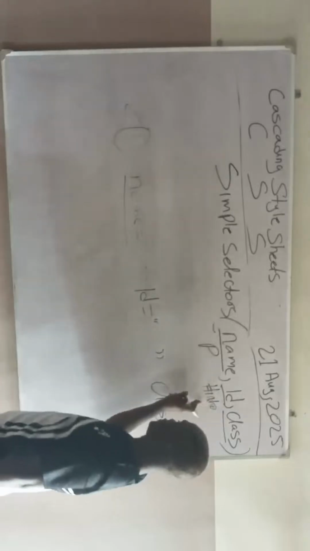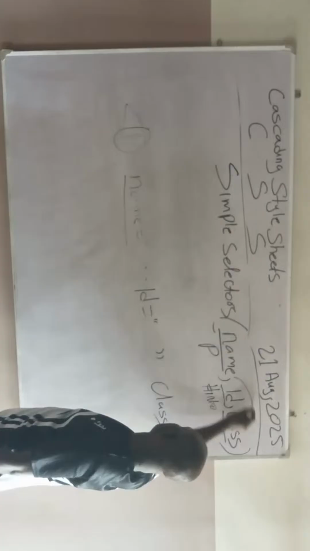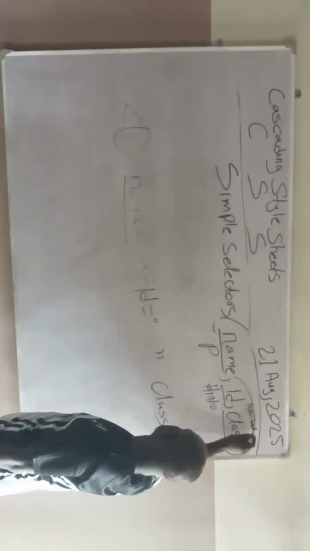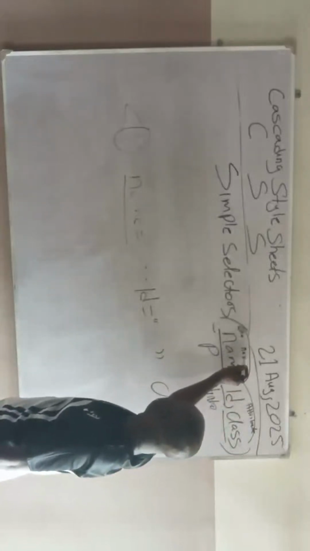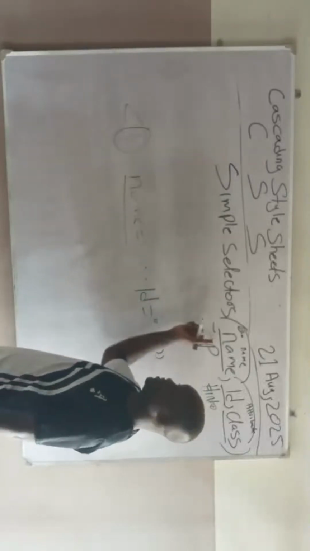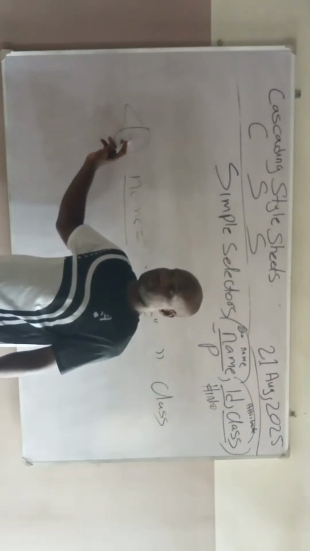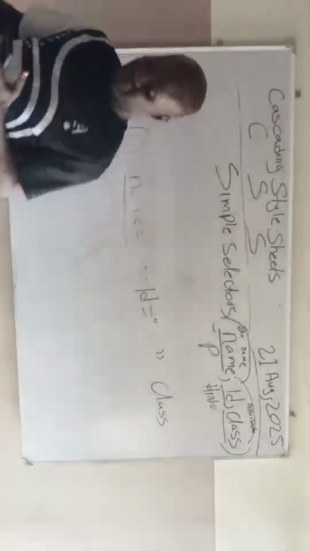But this one selects based on the element attribute known as ID. So when you see name as attribute, don't mistake it for this. We are talking about this in CSS. So you need to understand and have it clear. Alright, let's continue.